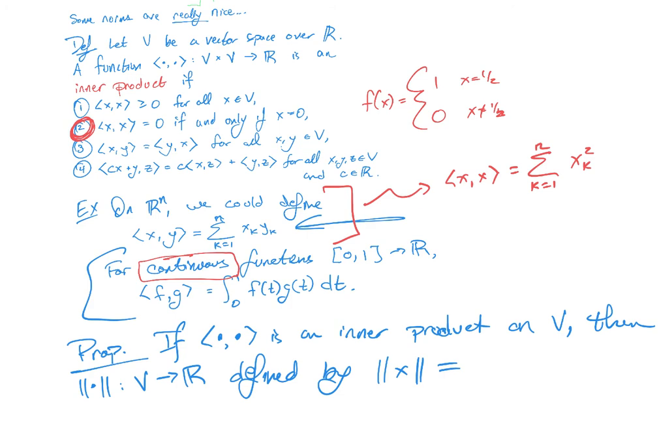How would we get a norm? Take the square root of the inner product of it with itself. Yeah, exactly. So the slightly non-trivial thing here is that we're going to take a square root.